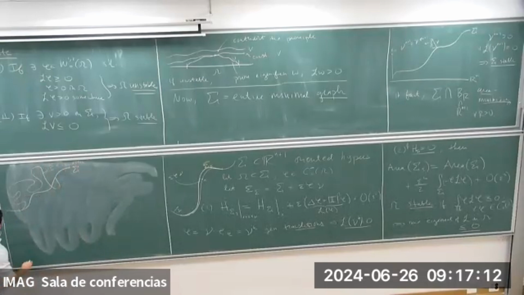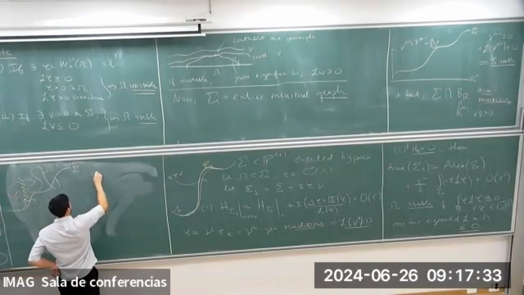What we'll do is we'll take the unit normal vector field on sigma, nu, and if we just extend it to be constant in the vertical direction, it satisfies what we call the calibration property.